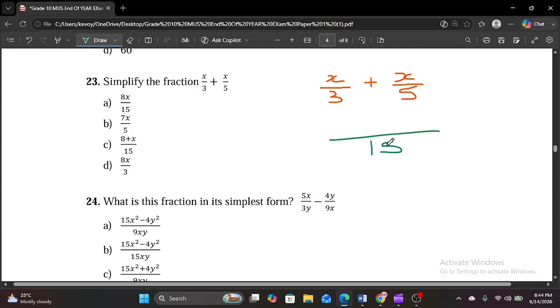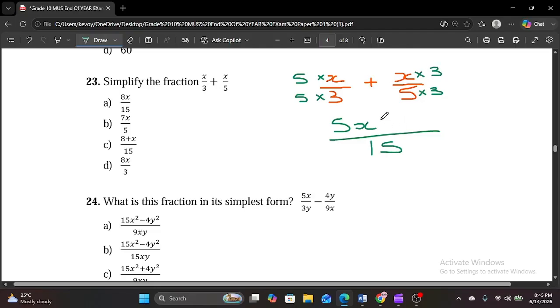What did you multiply 3 by now to get 15? That's going to be 5. Anything you multiply the bottom, you must multiply by the top. So 5 times 3 will give you 15, but 5 times x, that's going to give you 5x. And then what did you multiply 5 by now to get 15? That's going to be 3. Anything you multiply the bottom, you must multiply the top.